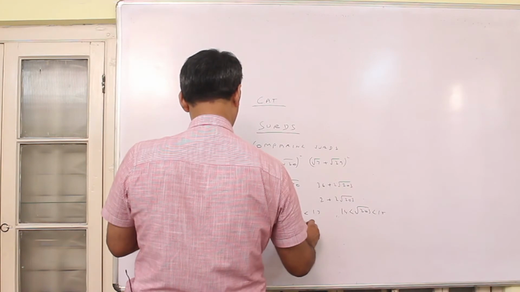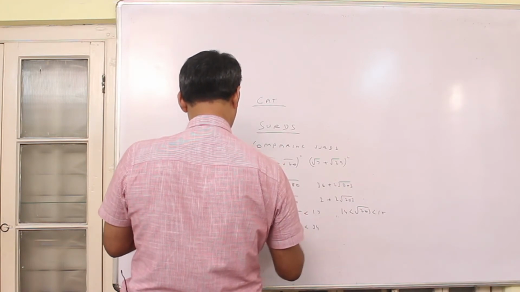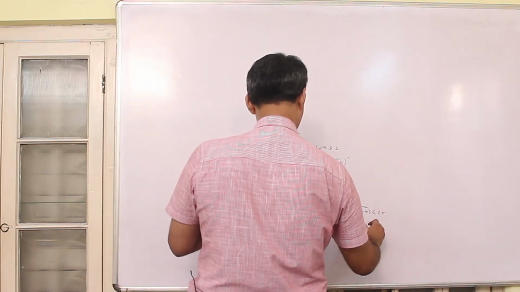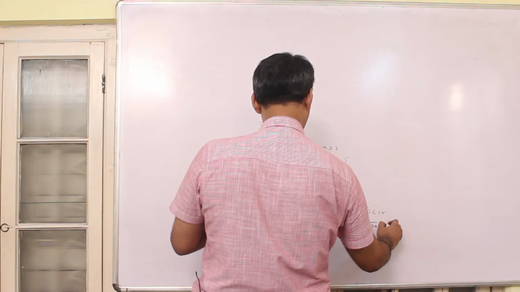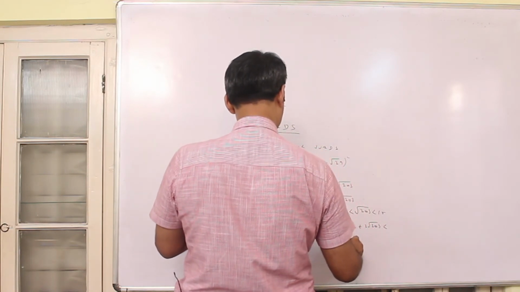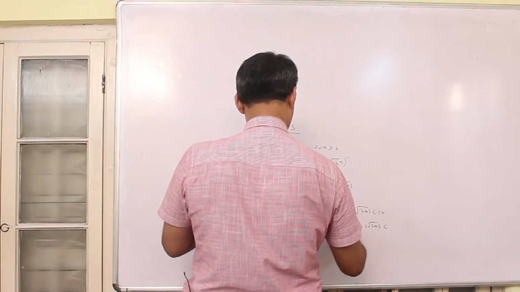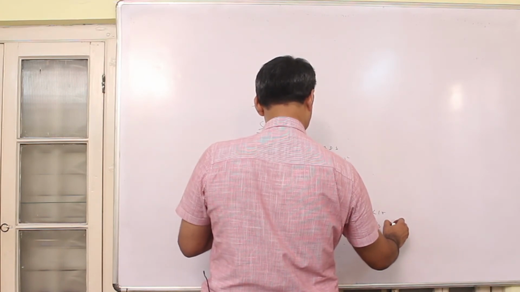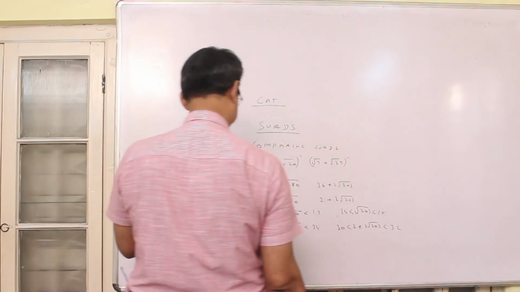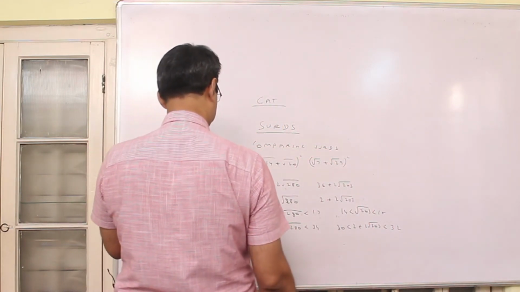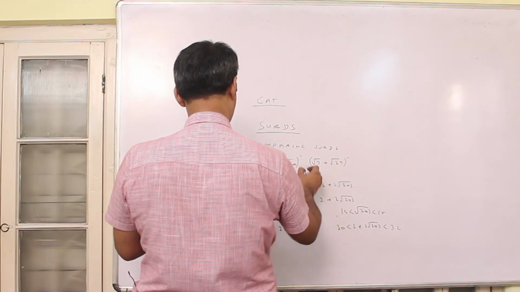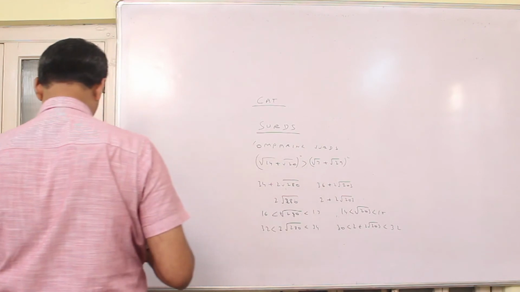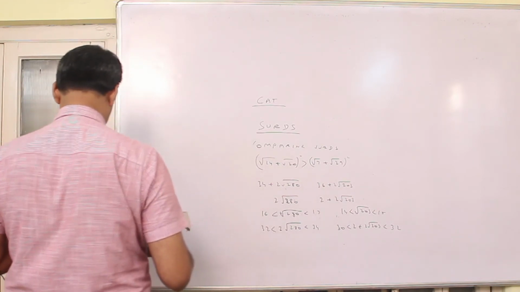So 2 root 280 will lie between 32 and 34, and 2 plus 2 root 203 will lie between 30 and 32. So it's pretty clear that this one will be greater. So this is a way in which we can compare the two surds.